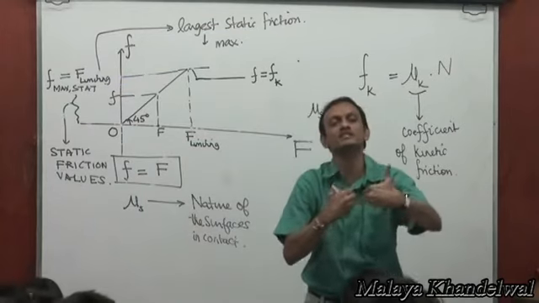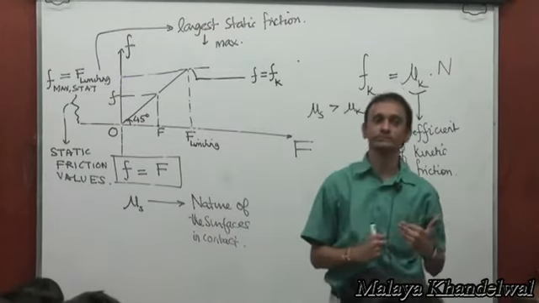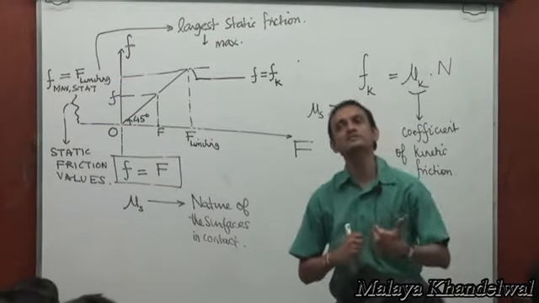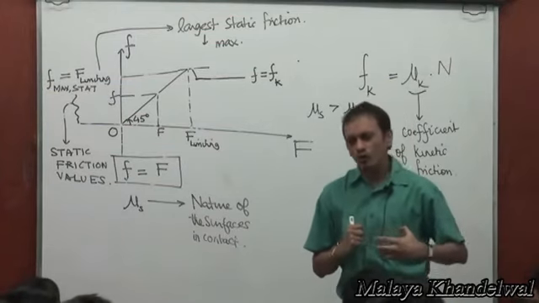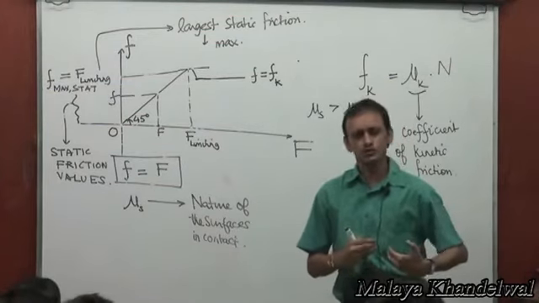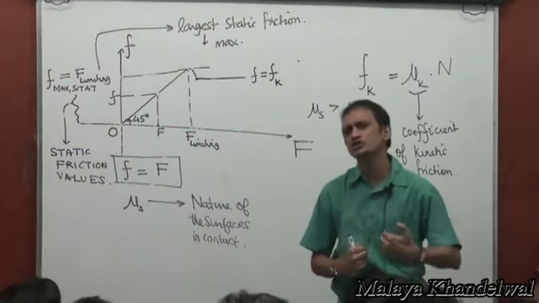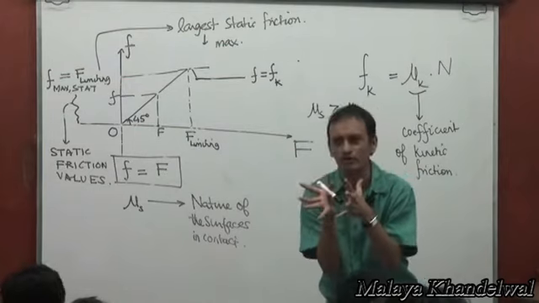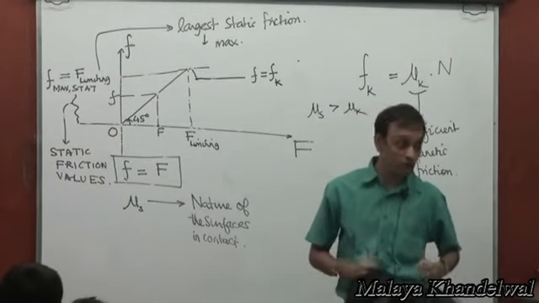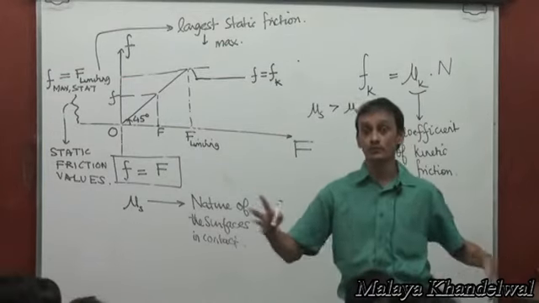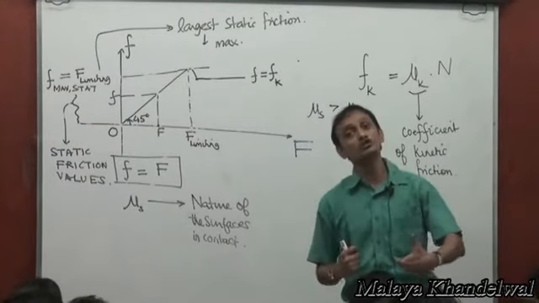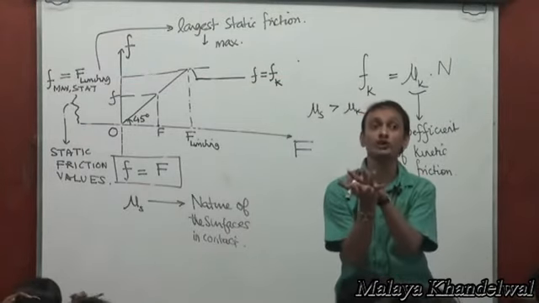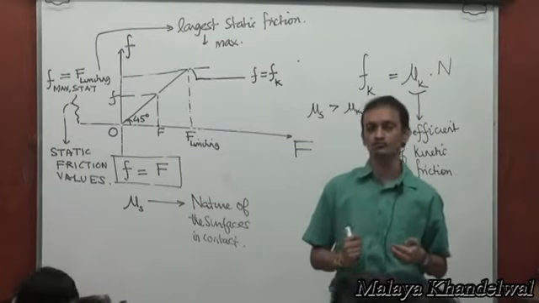Now again, this statement is an approximation. In fact, maximum static friction depends also, although to a lesser extent, on the area of contact. It's a weak function of the area of contact. So when the application is very sophisticated, then the dependence of frictional force on the area of contact would also have to be accounted for.